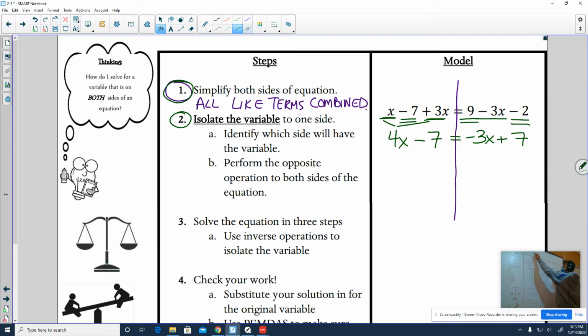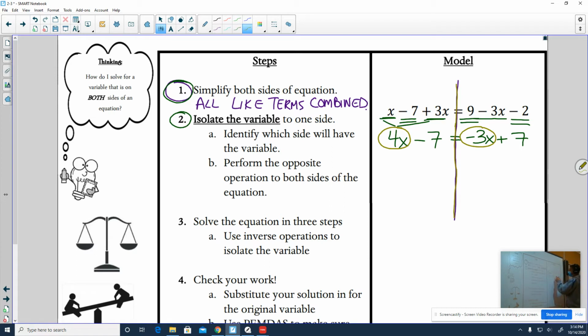Although 4x and 3x are in fact like terms, you cannot combine like terms across the equal sign. You cannot combine like terms across the equal sign. But since they are like terms, we can identify which of them we want to eliminate by thinking about like terms. What do I mean by that?